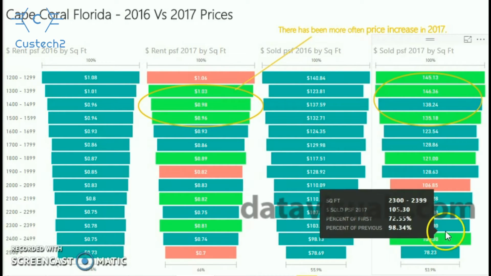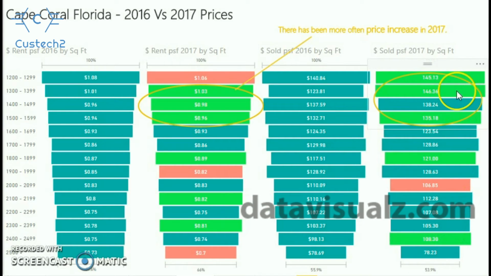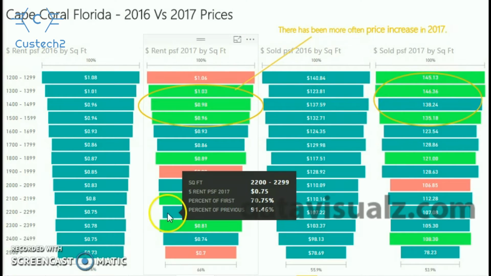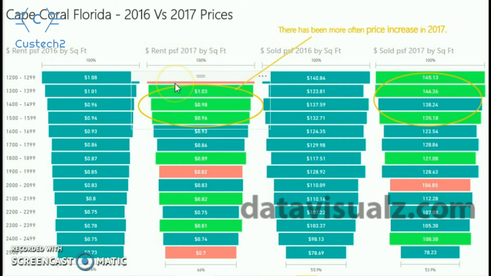So it's continuously increasing. With light green color, it's clearly a major increase in price. So you can see here with visuals how easy it becomes to understand the data, and not to get confused.